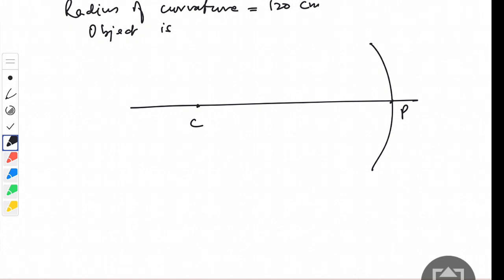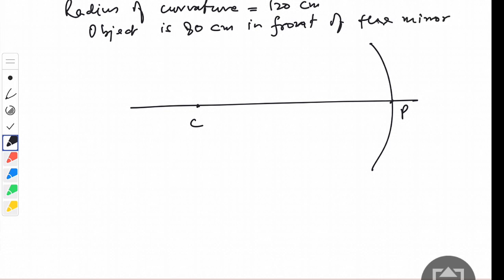Okay, so now let's do this. So this is C and this is 120.